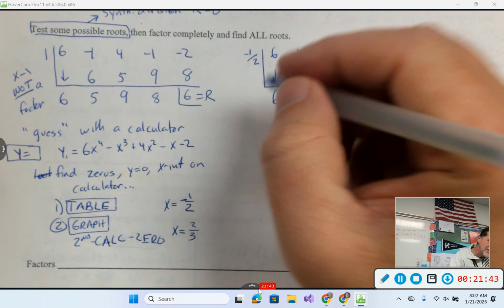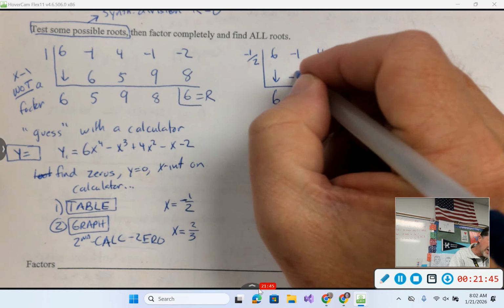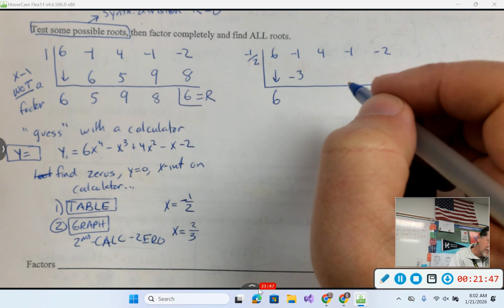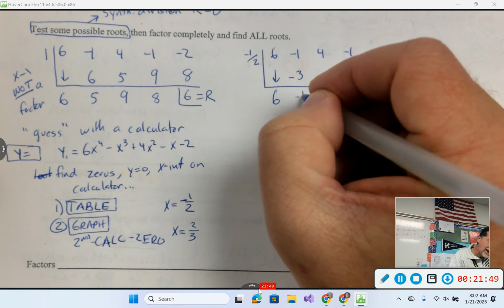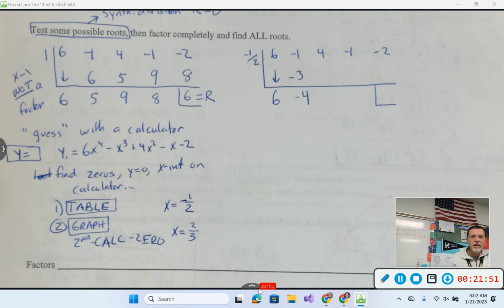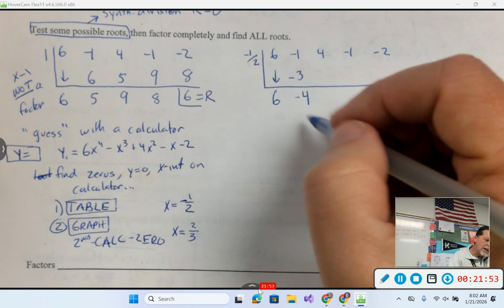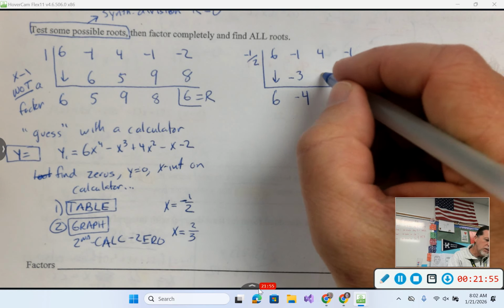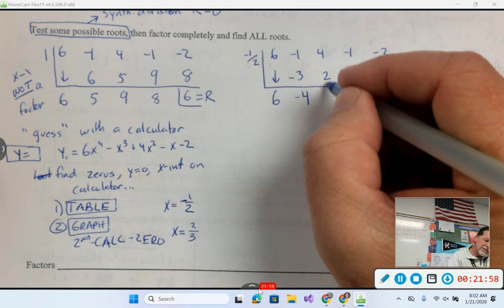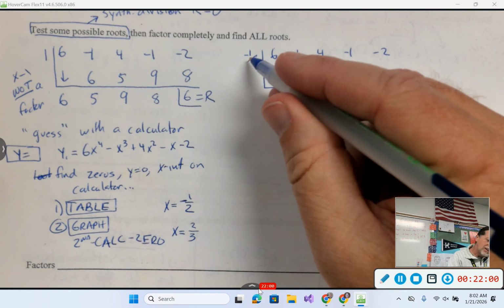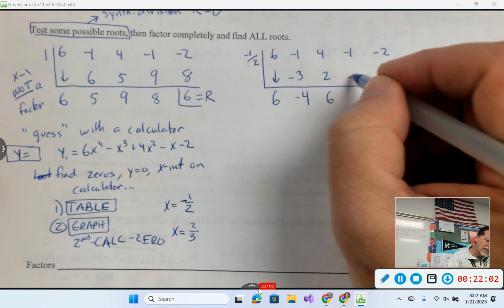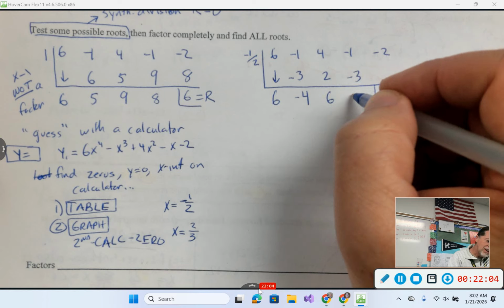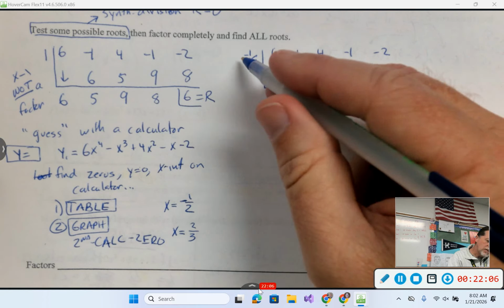Bring down the 6, multiply by negative 1/2. Careful here. Add, we get negative 4. Negative 1/2 times negative 4 is 2. 4 plus 2 is 6. Negative 1/2 of 6 is negative 3. That makes negative 4.